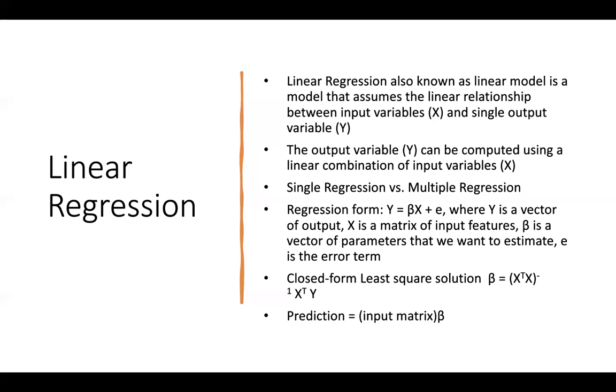In this linear regression, I use the closed form least squares solution, which can be derived as beta equals the inverse of X transpose X, times X transpose y. And when we find this beta, which is the coefficients, we can predict the price by using the input matrix dot beta.